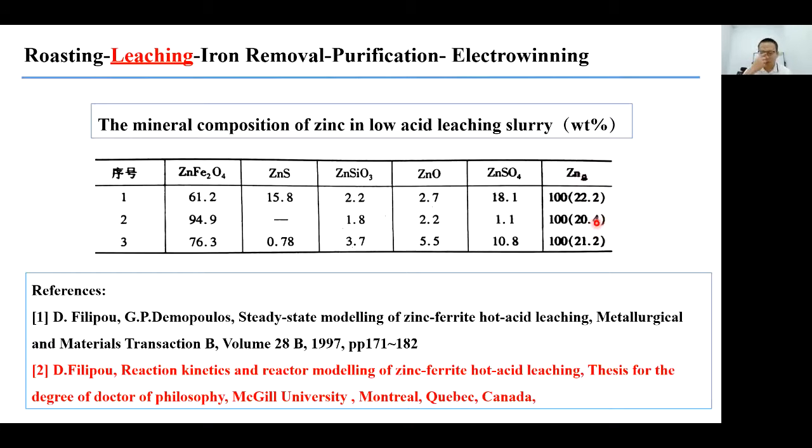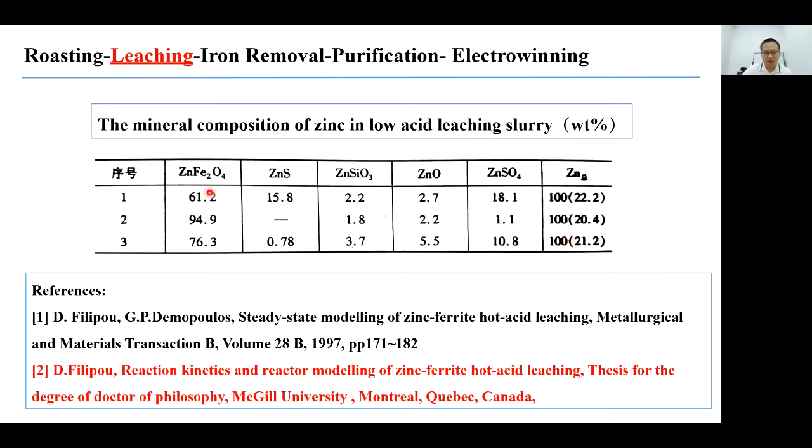So this is not acceptable. So only 80% is leached out in low acid leaching or natural leaching. And around 20% still remains in the leaching slurry. So we should find a solution in recovering them. But before we find solutions, we should figure out why they are not leached out.